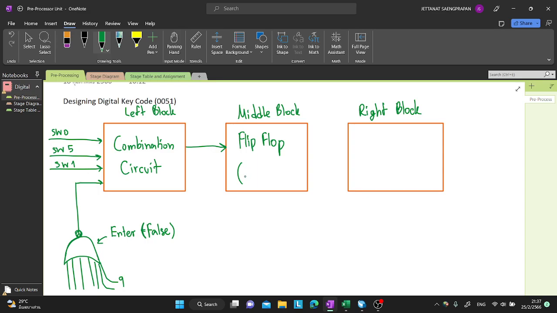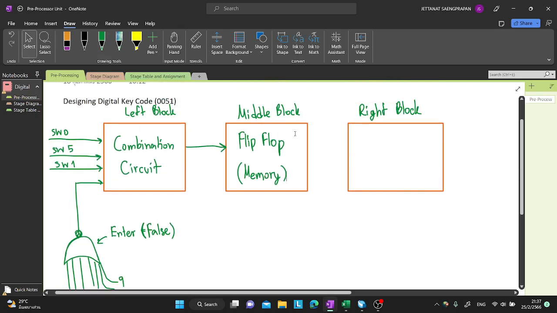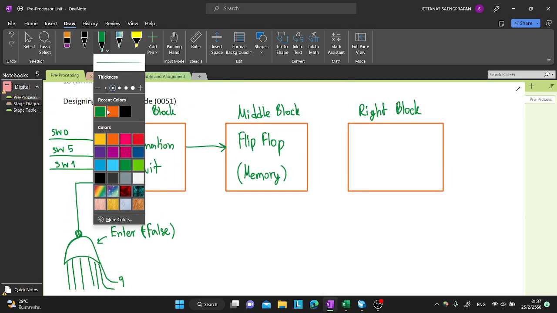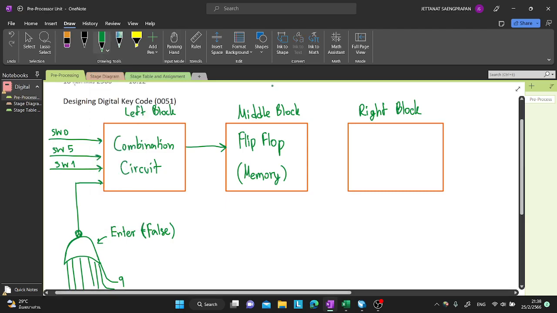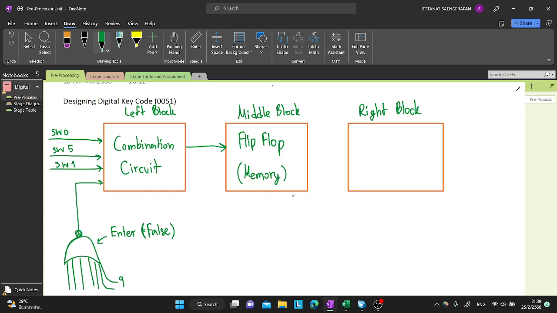This block is called memory, because it's going to remember the digit that I press.